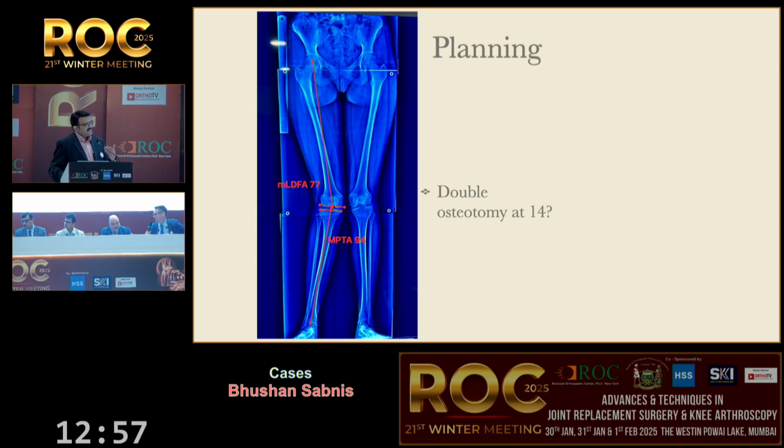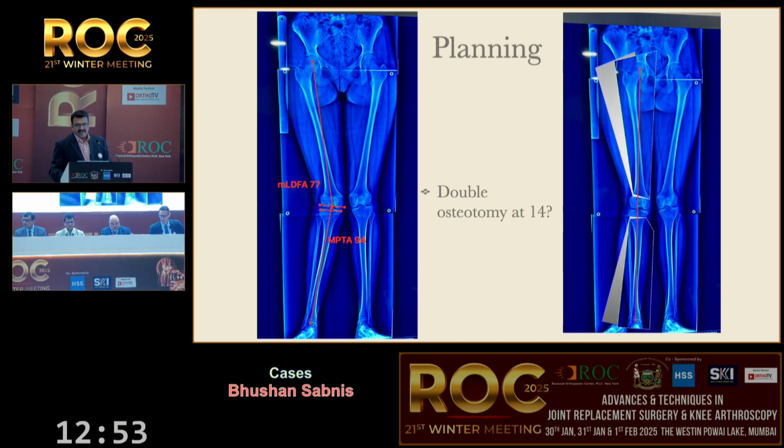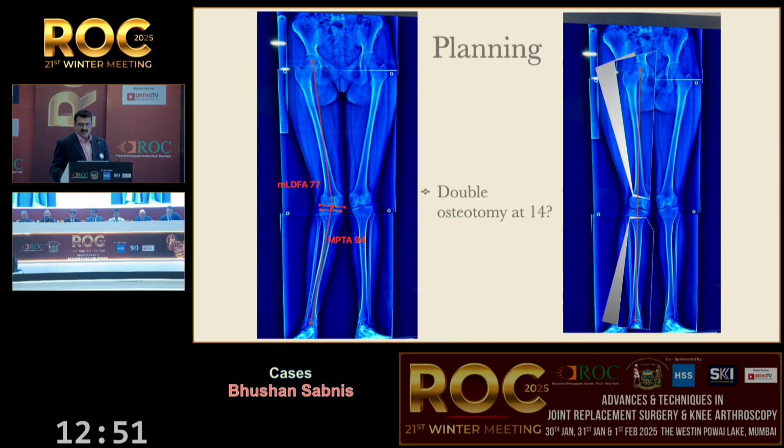I don't have a CT rotational profile, but I completely agree with you. So the planning shows that we are going to need a correction both on the femoral side and the tibial side. Again, on planning I do open wedge, but it's always a closed wedge, so it looks a bit odd on the tibial side, but I'm going to do a closing wedge tibia and a closing wedge femur as well.